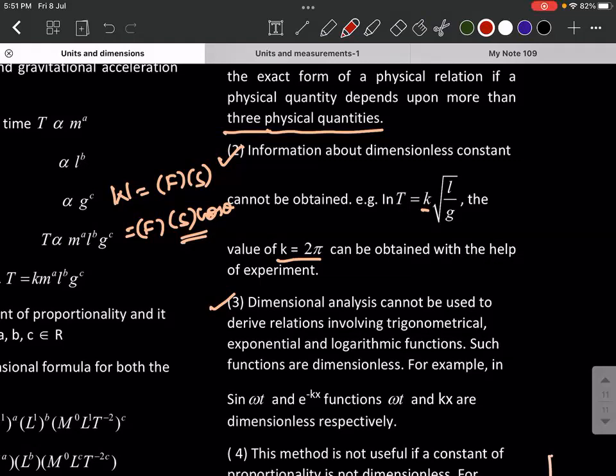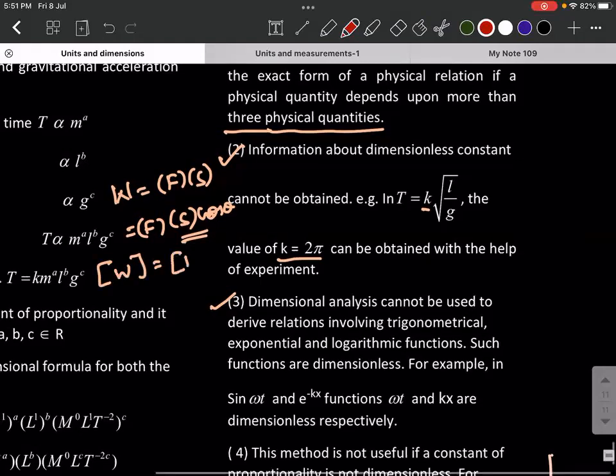So if you want to derive this expression using dimensional analysis, will you be able to do it? Why? Because for dimensional consistency, what are we doing? We write the dimensional formula of W is equal to the dimensional formula of F into the dimensional formula of S. This is what we are doing.